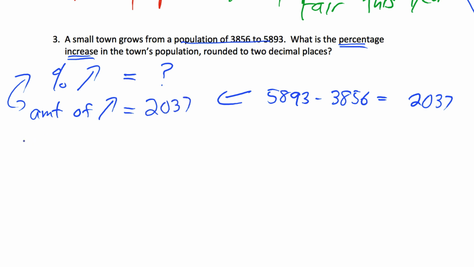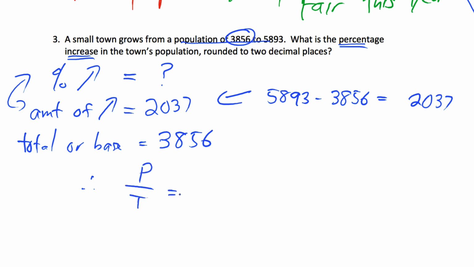Okay. Our total or base amount in these kind of questions is always our original population, which is 3,856. So therefore, we can use part divided by total equals percent over 100 to get our missing quantity. Our part, our amount of increase, is 2,037 compared with an original population of 3,856.